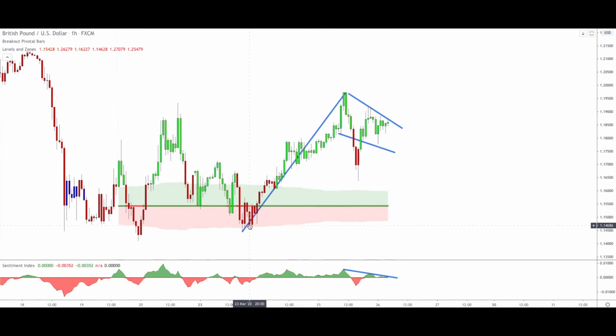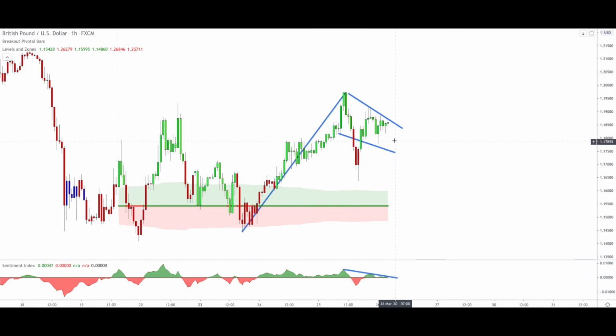So the price had an impulse, and we see that the sentiment index, first of all, the bearish sentiment improved, and then it turned bullish, and then we had a bullish sentiment increasing, then it kind of faded away, then it increased again, and then is fading away as well. But the point is that we also have a consolidation, so it is correct that this is going down.